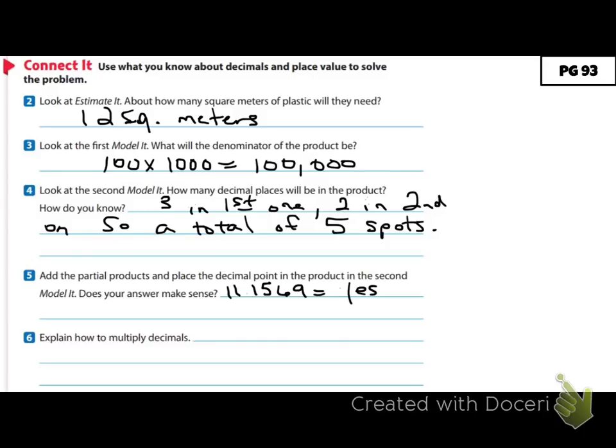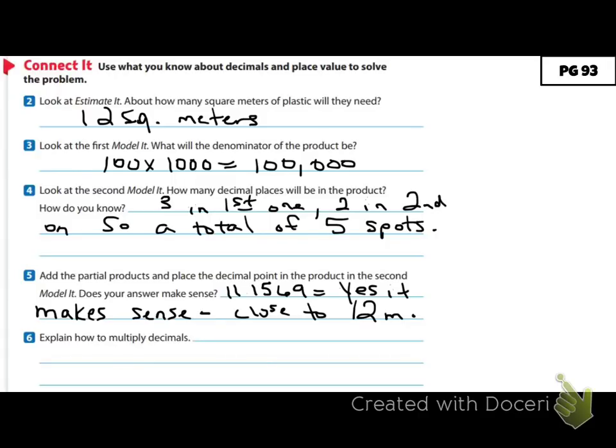So yes, it makes sense. Close to 12 meters. So just by looking at that, we know that our guesstimate, which is what I like to call it, was close to 12, so it was successful.